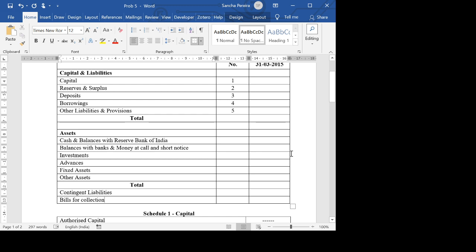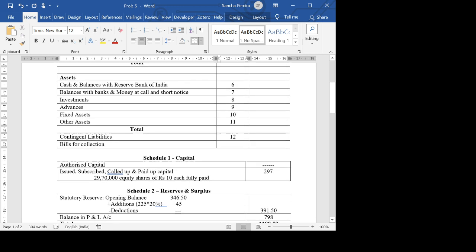Okay, so just give the schedule number. So this goes as 6, 7, 8, 9, 10, 11. This is the 12th one. Bills for collection doesn't have anything. Okay, and then you don't have to total this. So now we just have to transfer our figures.